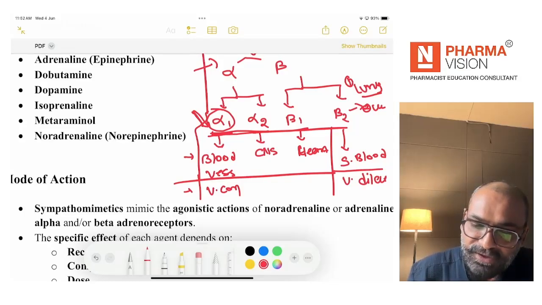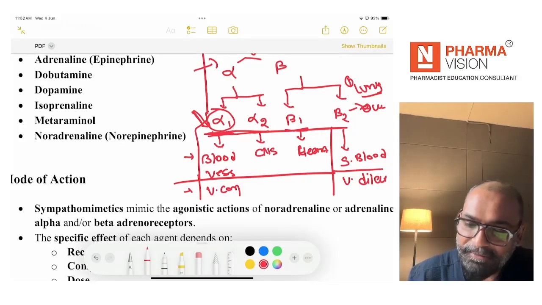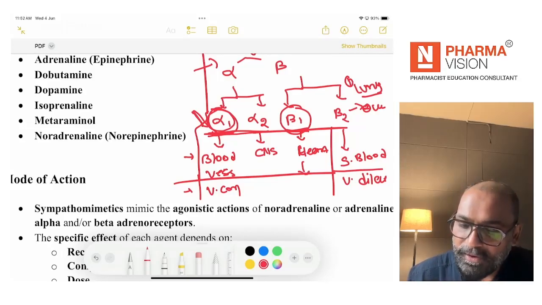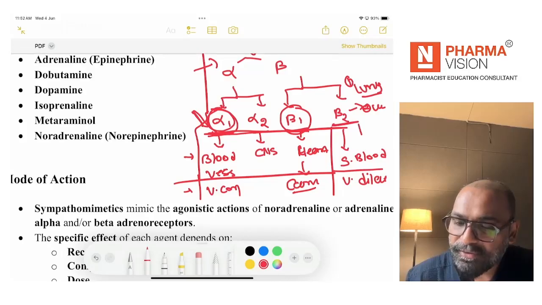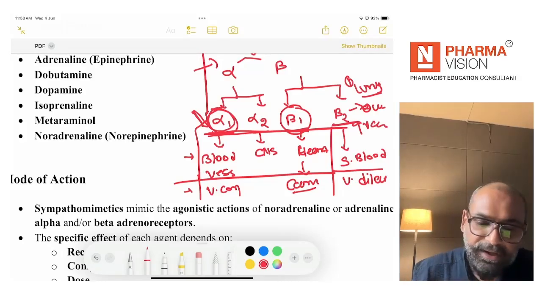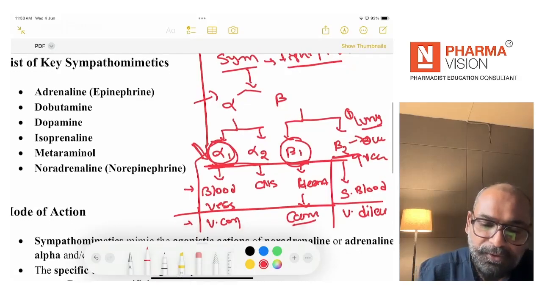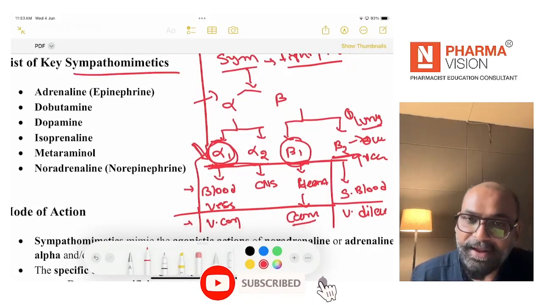Now you just have to focus on alpha 1 and beta 1 related activities. Alpha 1 is vasoconstriction, beta 1 improves cardiac outflow, that is, cardiac output increases. Beta 2 receptor can cause vasodilation. Each and every sympathomimetic medication has a different affinity towards these receptors.